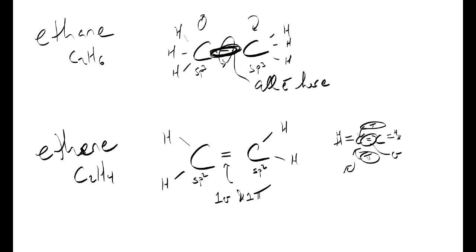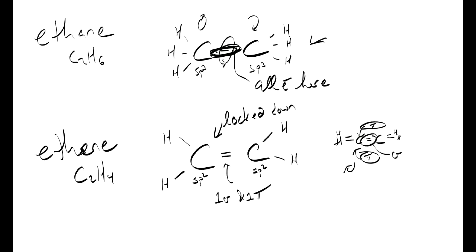You'd be trying to separate the electrons in those orbitals. Okay, so there's no way to rotate it, which means that ethene is locked down. It can't rotate. That bond is fixed. So it really is a nice flat molecule like that.